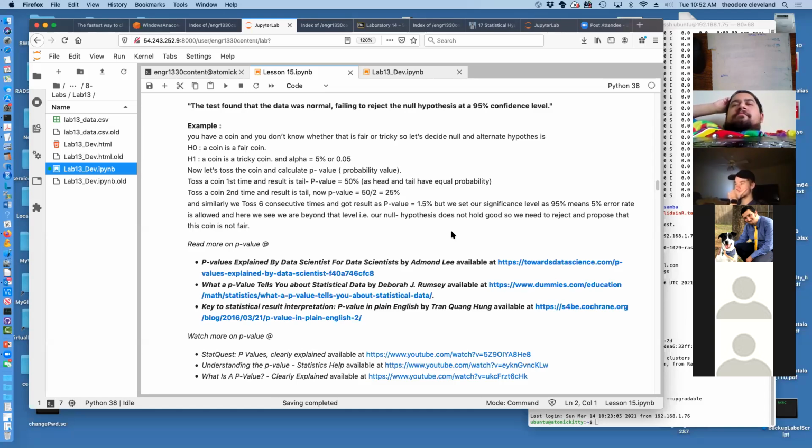So if you flipped a coin 6 times in a row and you got tails all 6 times, we would intuitively conclude that there's something funny about the coin. And statistically, we can support that intuition that there's something funny about it, in that the level of attained significance, the chance that the coin is fair, is pretty small.